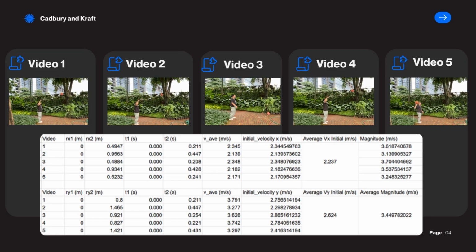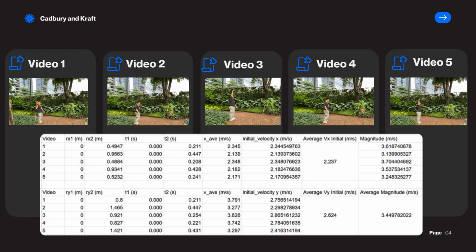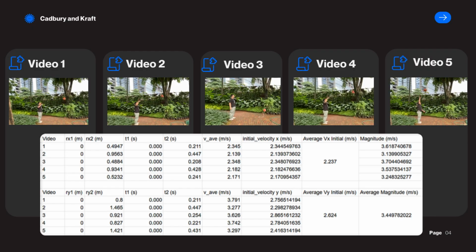The average turns out to be 2.237 for the horizontal velocity and 2.624 meters per second for the vertical velocity. By taking the magnitudes from the 5 videos, we get an average initial velocity magnitude of 3.44978 meters per second.